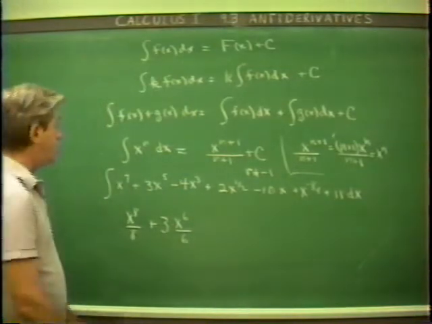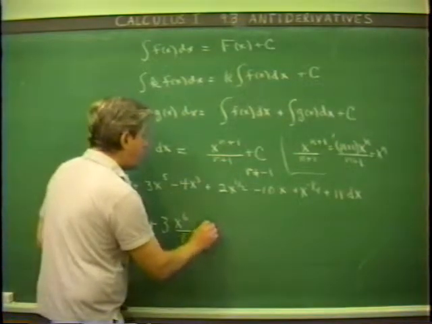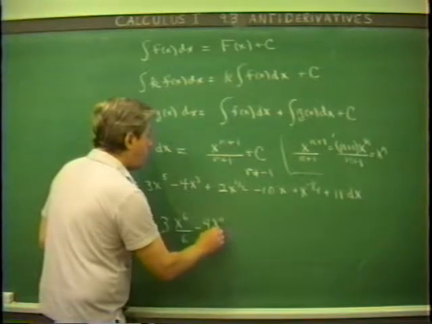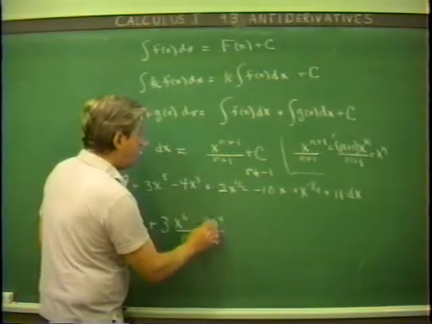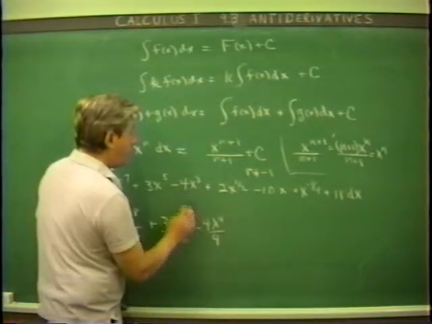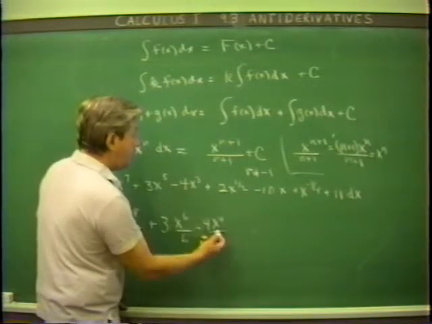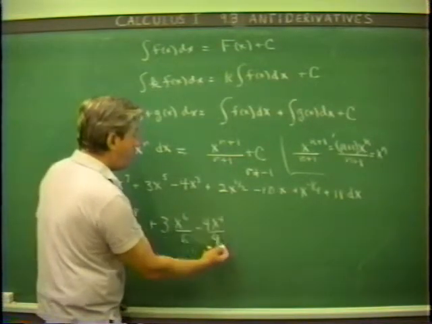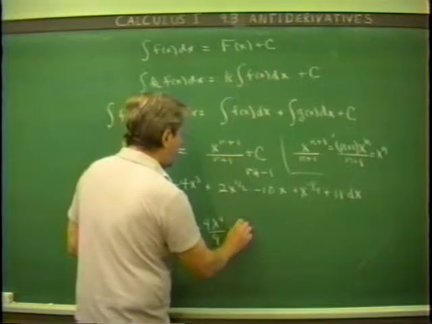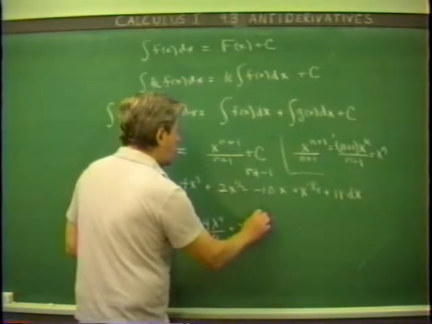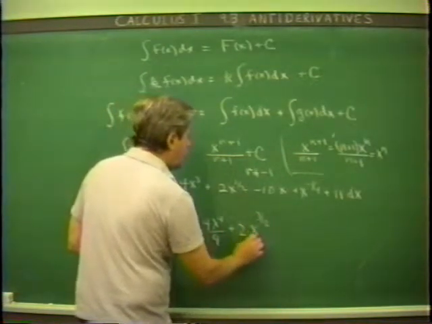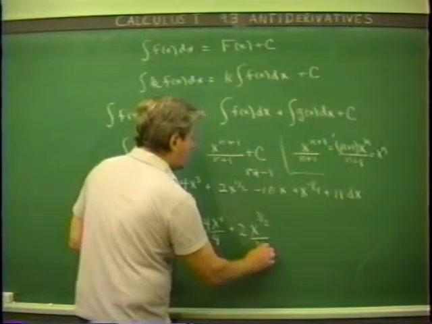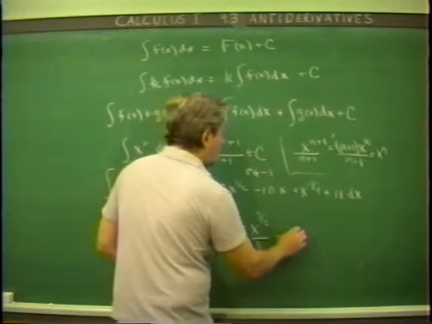Antiderivative of x to the 5th, x to the 6th over 6. Now, minus 4 times the antiderivative of x cubed, and the antiderivative of x cubed is going to be x to the 4th, 1 higher power, divided by the higher power, 4. Plus 2, x to the 3/2 over 3/2.